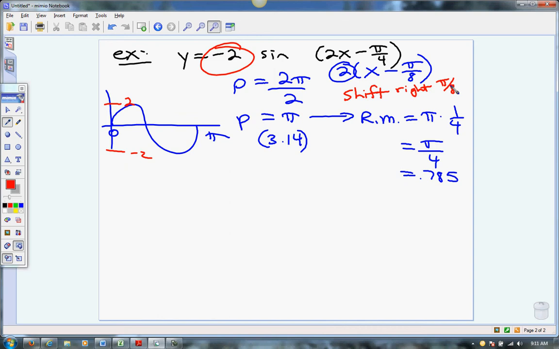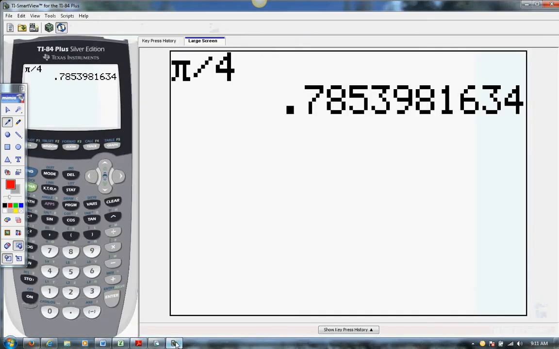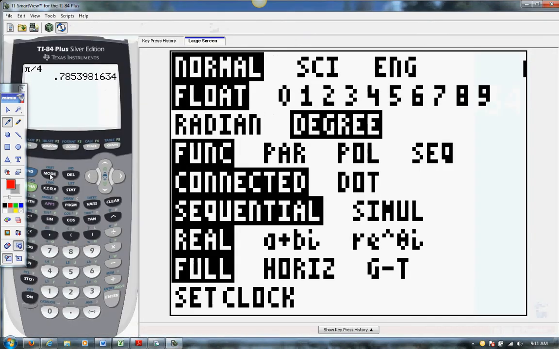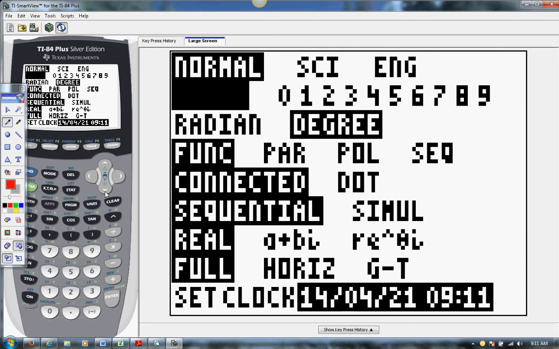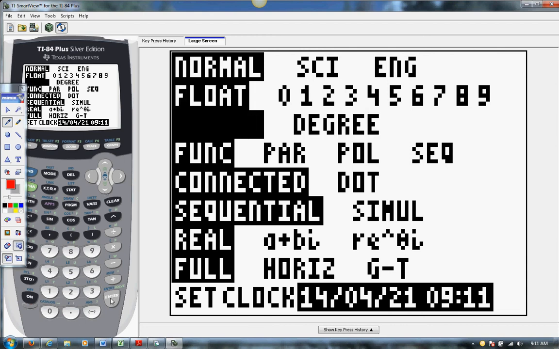Let's go ahead and put the graph up, and if we need to adjust it for the shift, we will. So the first thing, we're going to go to mode, and we're going to make sure that we are in radian mode. I was not, so I need to fix that. Now I'm in radian mode.